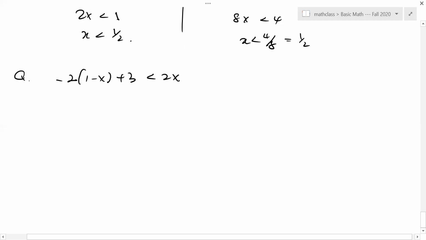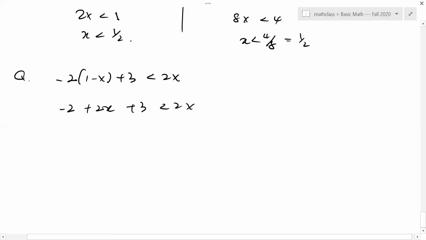Solving inequality is very similar to solving a linear equation. The only place you have to be careful is when you multiply or divide by a negative number, you should change the direction of the inequality. All right, so let's do that. -2 times 1 is -2, -2 times -x is positive 2x, plus 3 less than 2x.